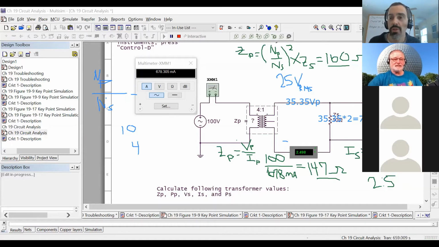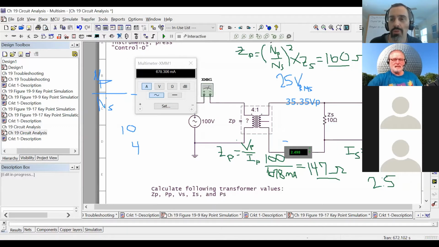Let's see what we get when we run this thing. It's running right now. I'm going to clean things up here and put in a new meter. This is telling me there's 25 volts, which is what we calculated. And this says it's about 2.5 amps.